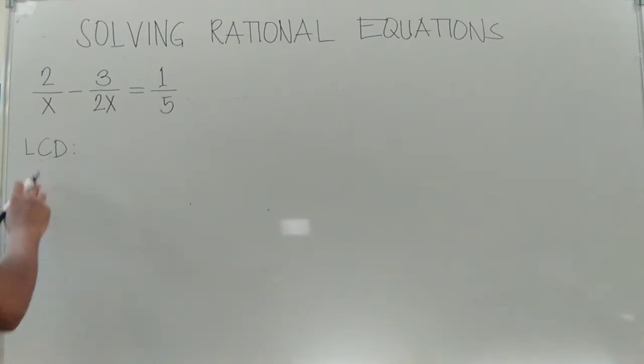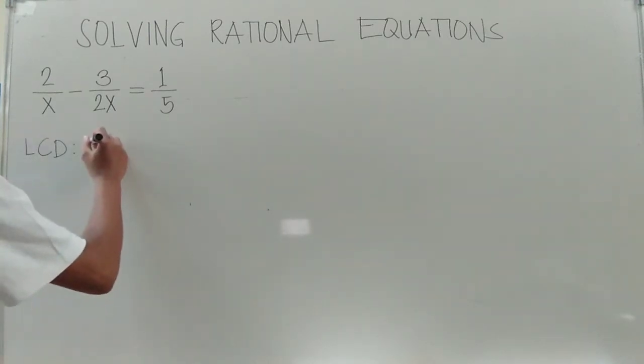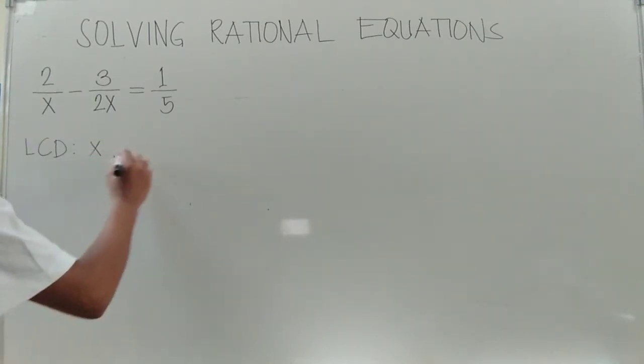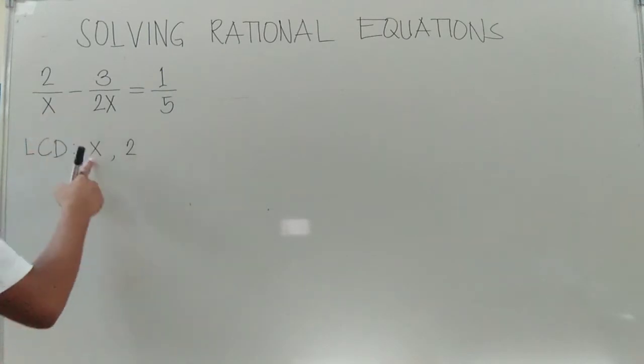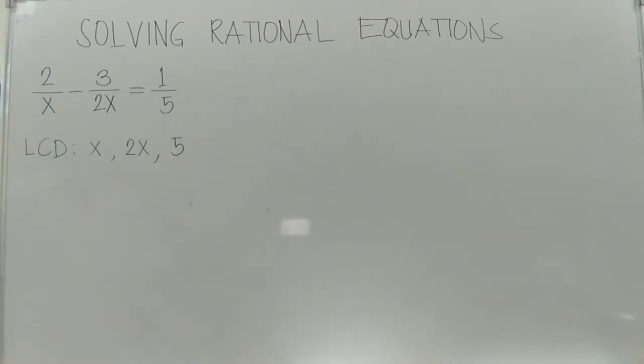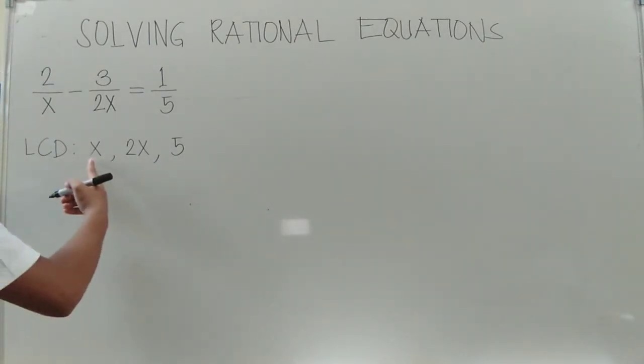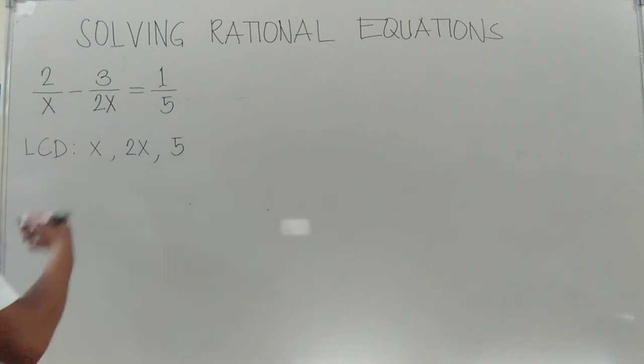If you don't know how to get the LCD, just write your denominators: x, 2x, and 5. Let us identify the common factors. The common between x and 2x is x.